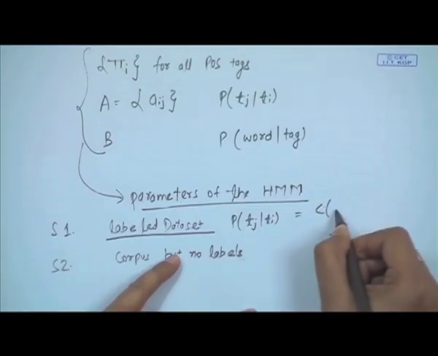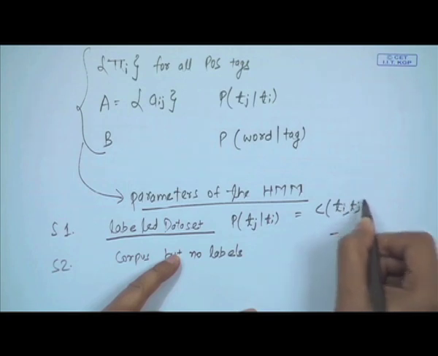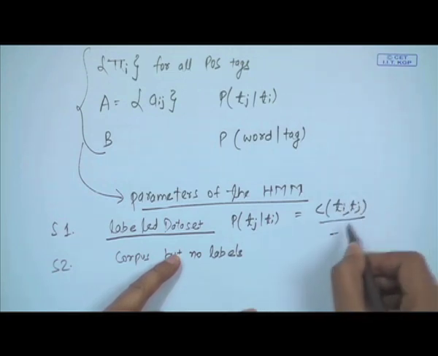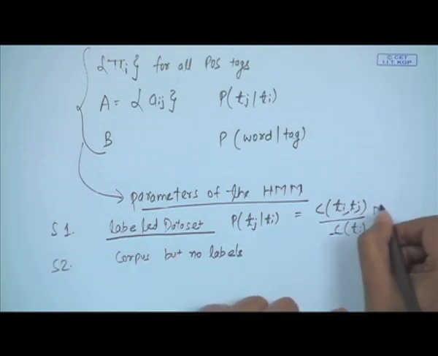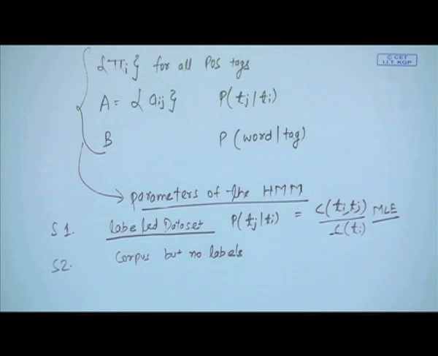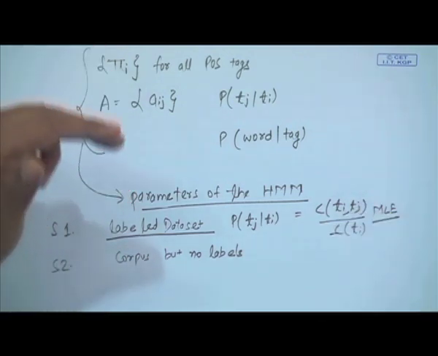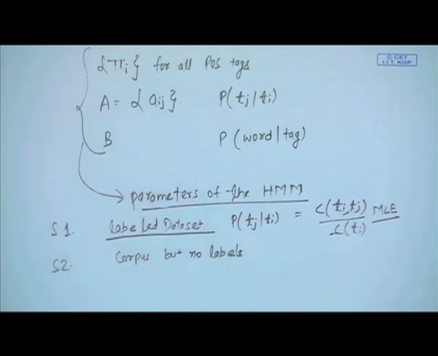From that you will find the number of times Ti and Tj occur together in the corpus, divided by the number of times only Ti occurs. This is what we called the maximum likelihood estimate. Same with all the other probabilities, pi i as well as B. You can find them using maximum likelihood estimate.